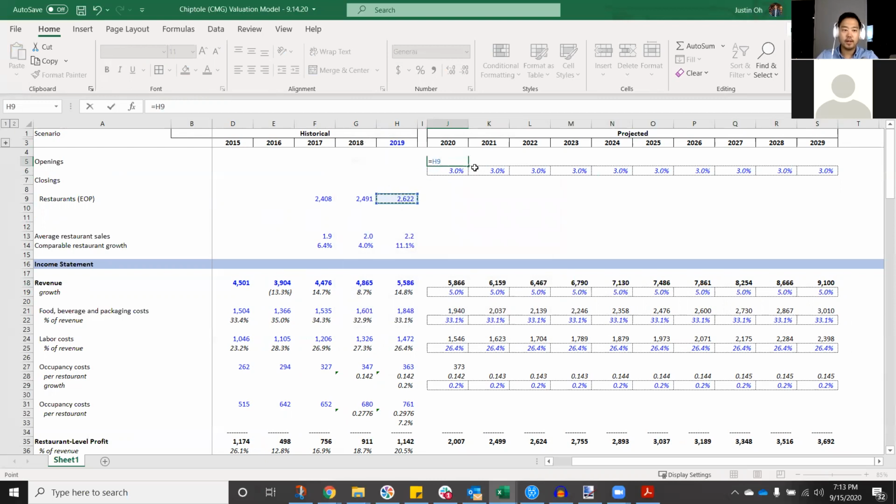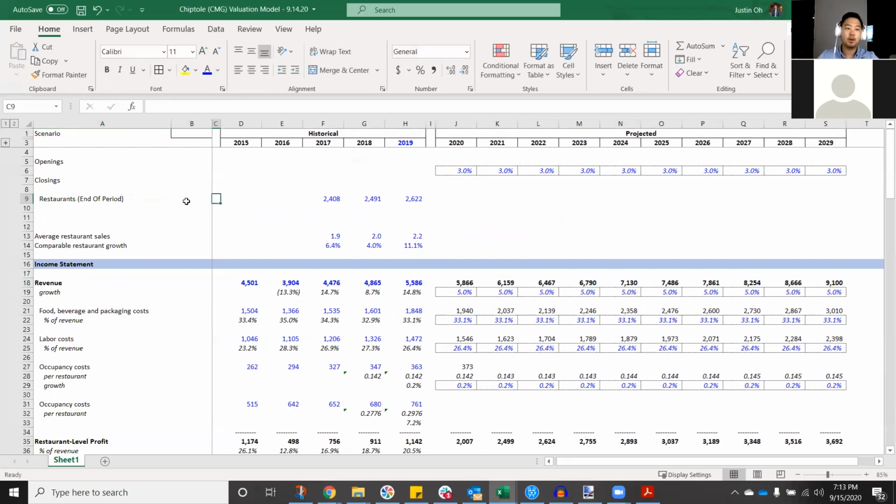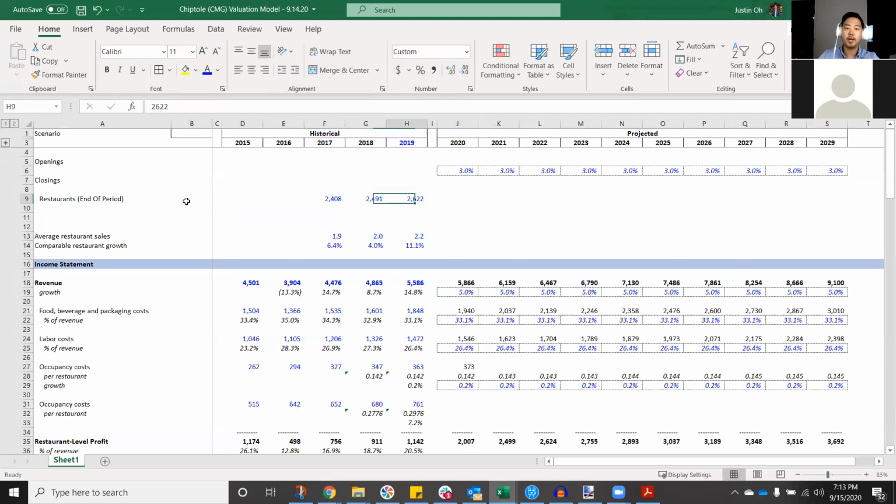Equals that, so this is the number of restaurants they had at the end of the period. If you ever see EOP or BOP, that means end of period or beginning of period. So I'm just going to assume on this number, they open 3% of their stores, times 1 plus that. This is just a dummy number.